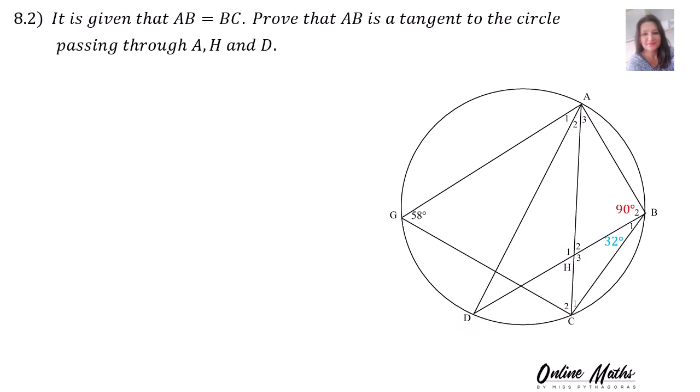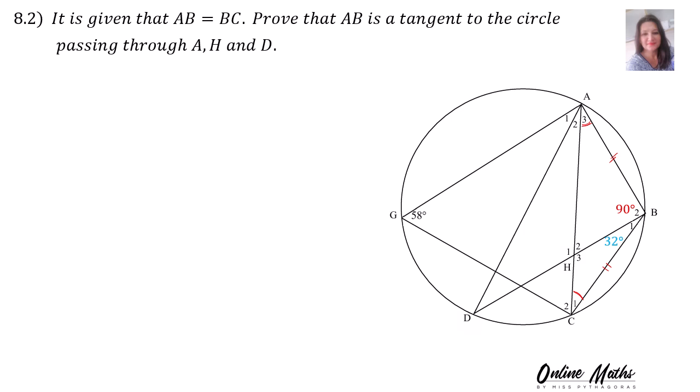Number 2, it is given that AB, which is that one, is equal to BC. Okay, let's stop. The fact that they are equal implies that angle A3 is equal to C1 because it forms an isosceles triangle, and your correct reason will be angles opposite equal sides.